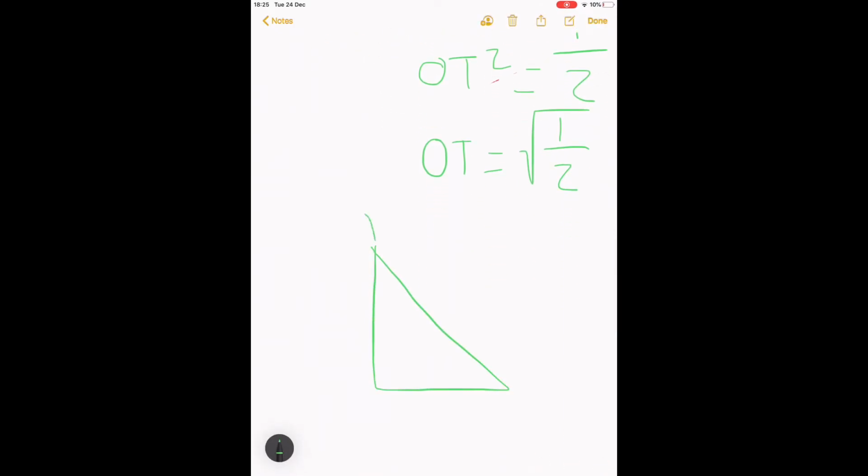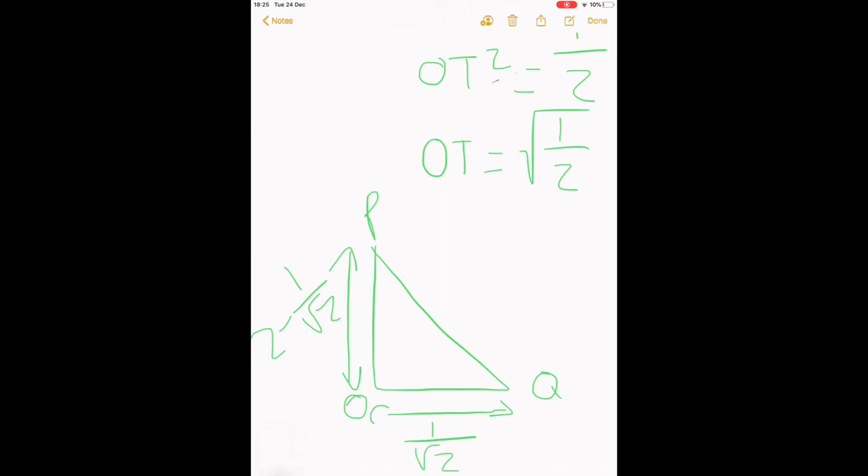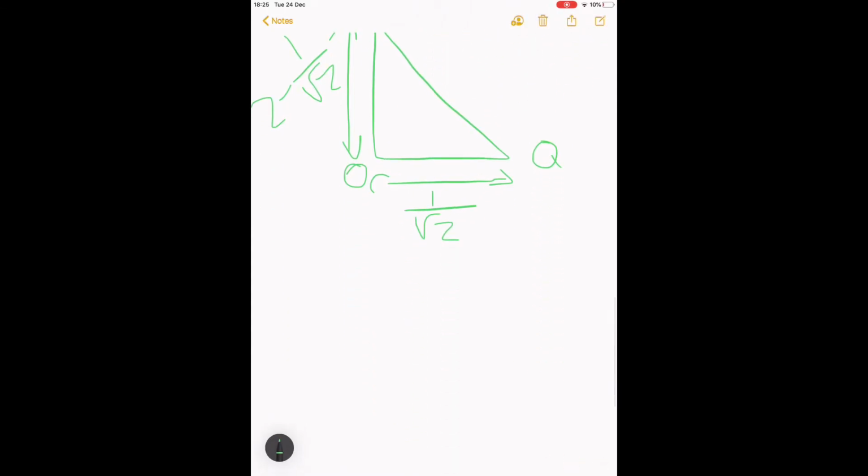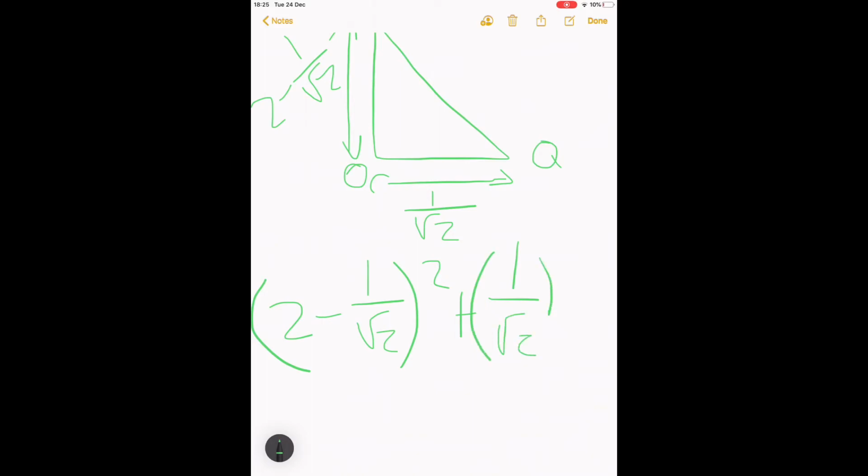We have P, Q and O. The length of PO is 2 minus 1 over root 2, we don't know PQ yet, but OQ equals OT, so that's 1 over root 2. So (2 minus 1 over root 2) squared plus (1 over root 2) squared equals PQ squared.